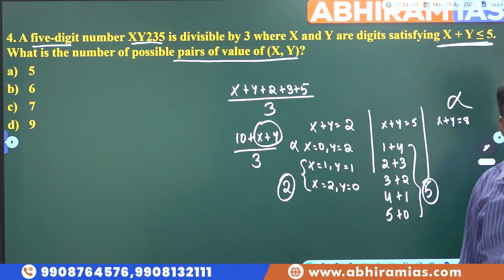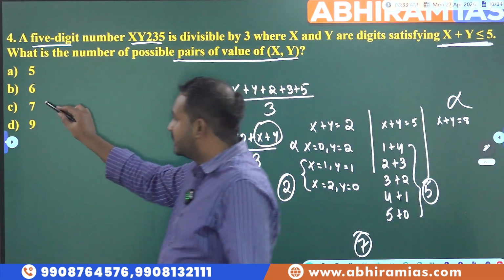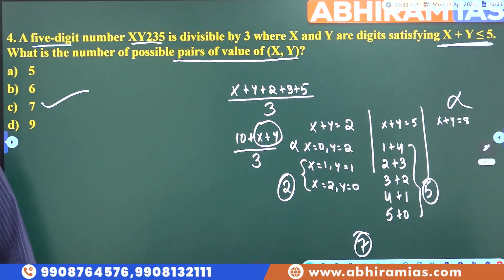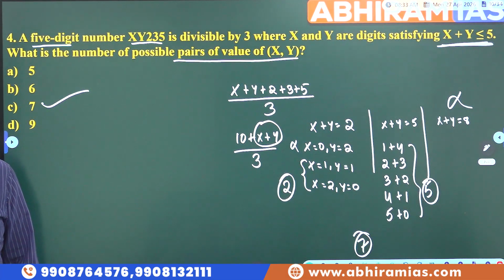So how many pairs of x and y can I make? 7 pairs of x and y I can make here.